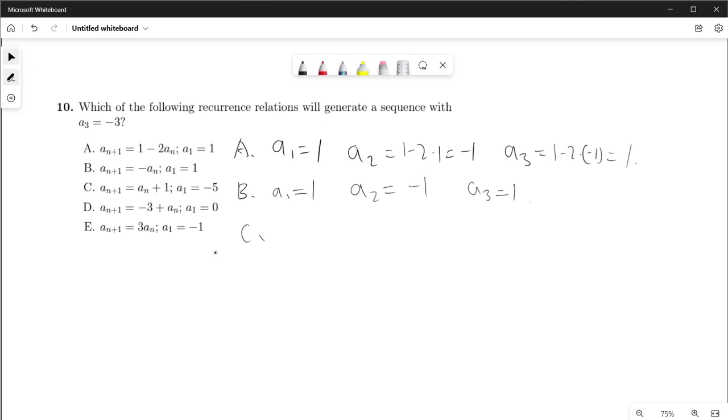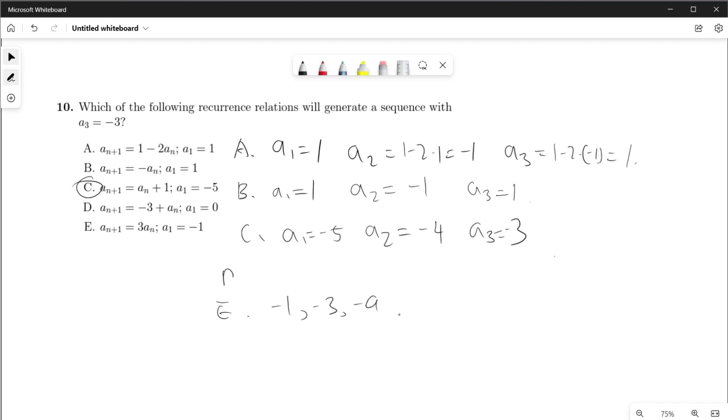For C, we have the sequence starting from -5. Then for A2, we have -5 plus 1, the last term plus 1, would be -4, and then -3. So this one will generate the A3 that we're looking for, so it will be the answer. You can do the other two, and it's not going to be A3, right? For E, for example, it would be -1, -3, -9.